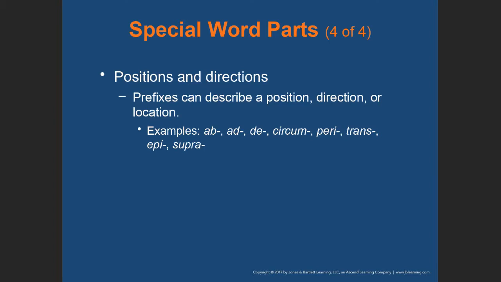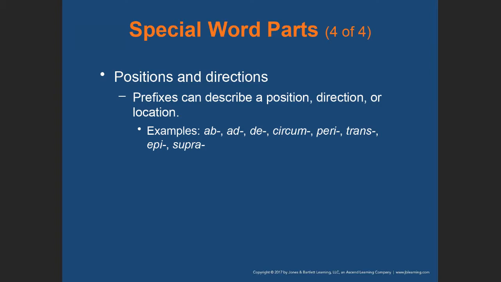For positions and directional terms, prefixes can describe a position, direction, or location. Examples: ab means to move towards. No, that's not correct. Ab means to move away from.